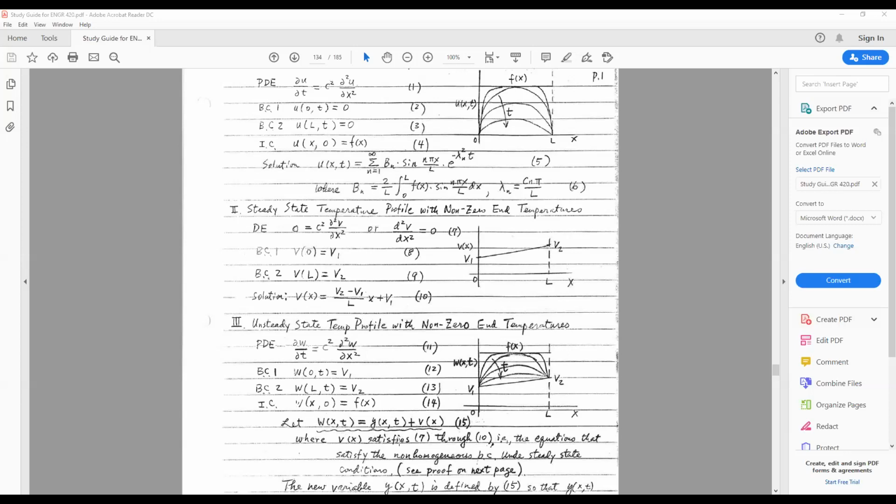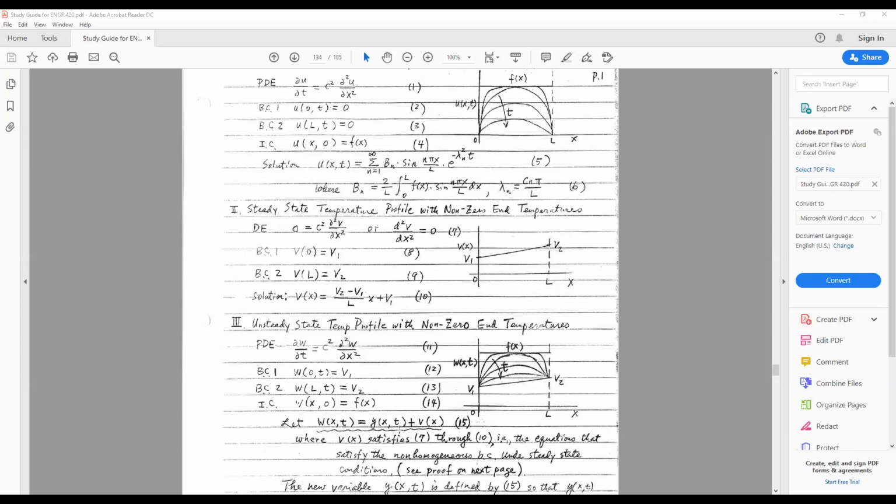The key to solving this problem is assuming the solution to this problem, W, is the sum of a transient problem Y plus V of x. If we subtract the steady state temperature distribution from the problem we have, then we shall be able to find Y, the difference.